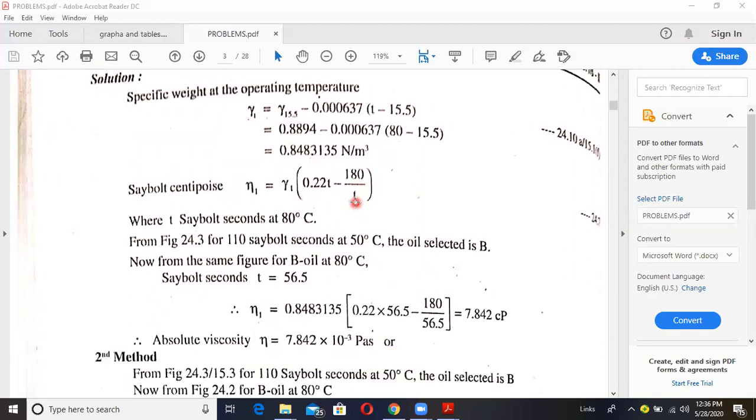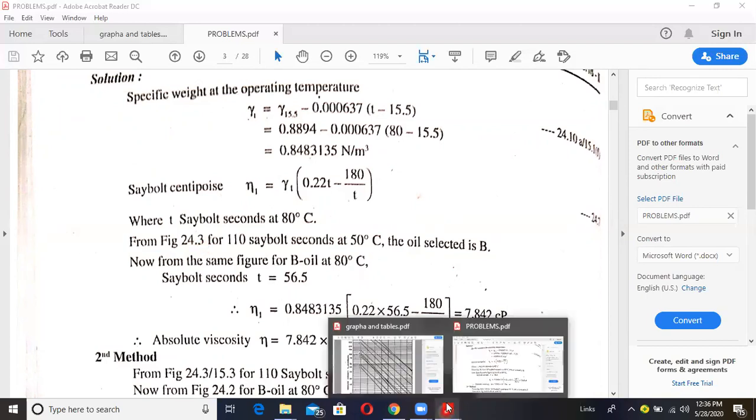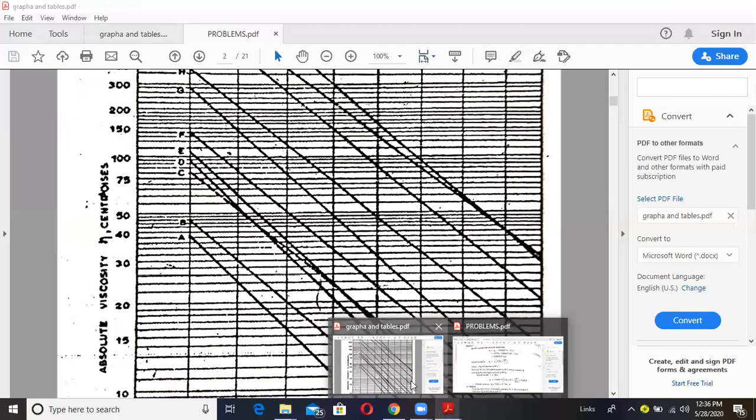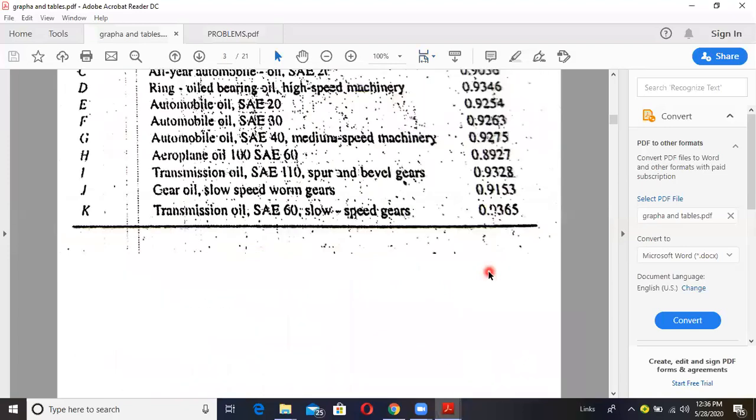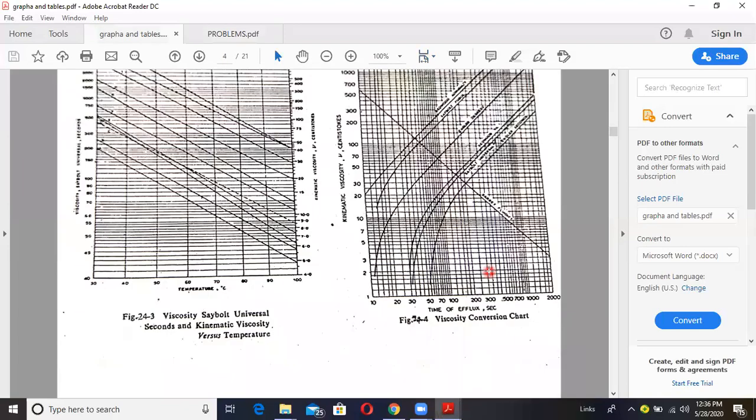This T can be calculated by using the figure. Now from figure number 24.3, so I will go to the figure number 24.3. Understood?